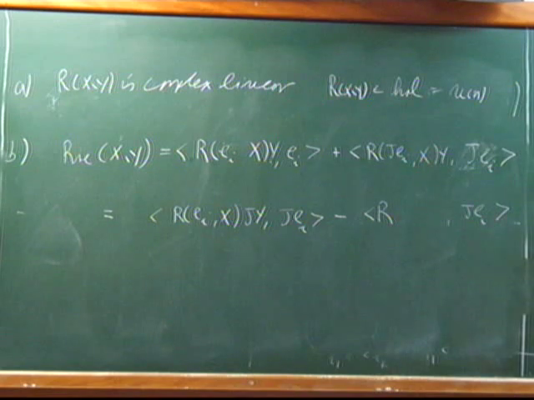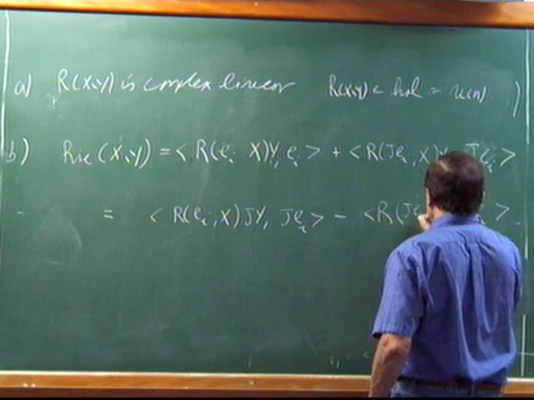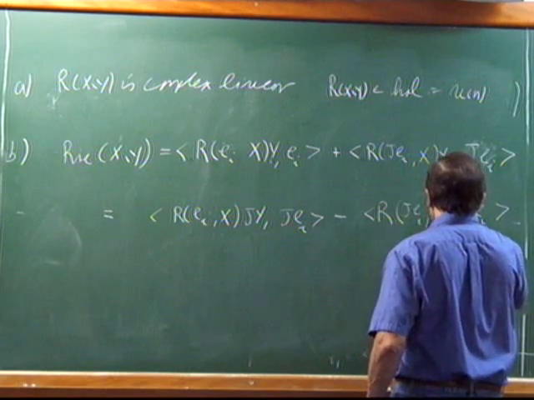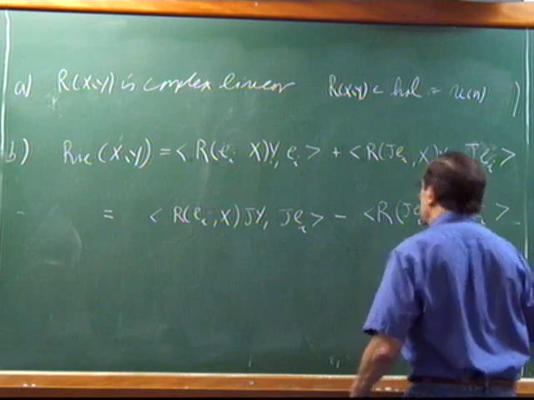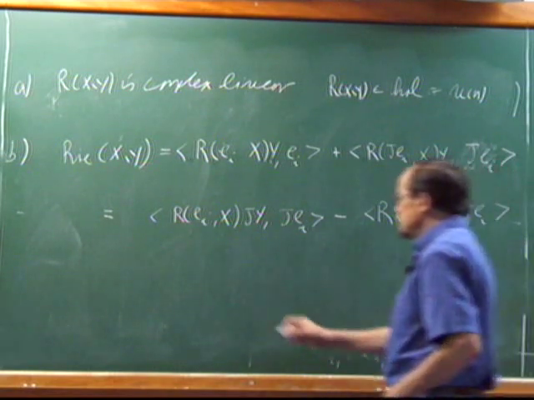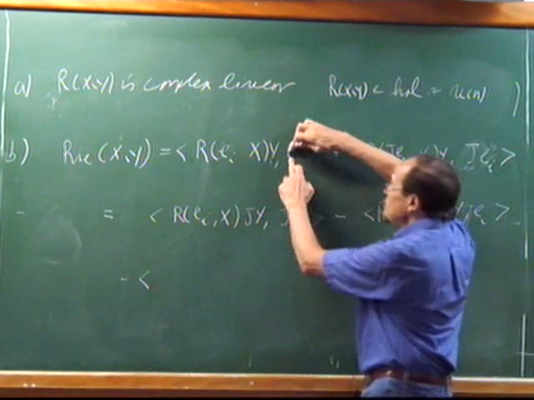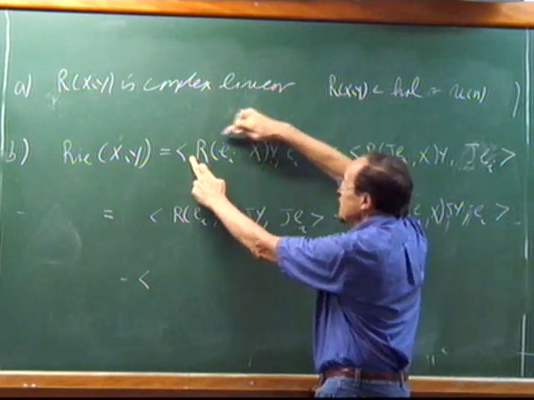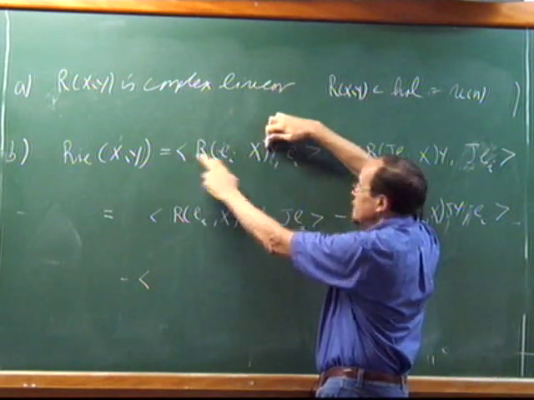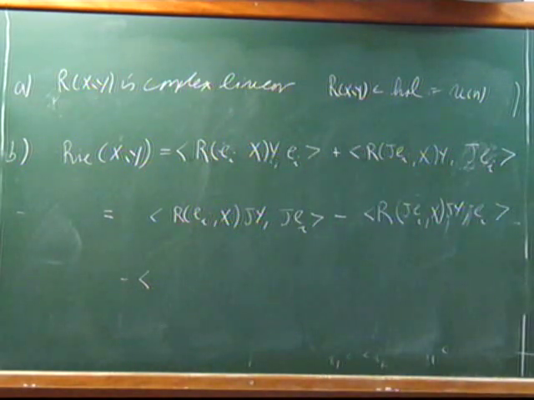Now I apply J, and then I get an e_i here, and here I get R(Je_i, X, JY). So first I put it here and here. Now use the fact that this here is complex linear by part A to put it in front of the Y. Then do the same thing here. So I did two steps in one step.